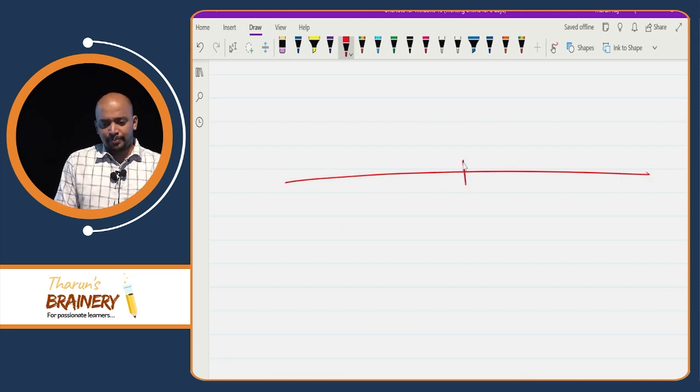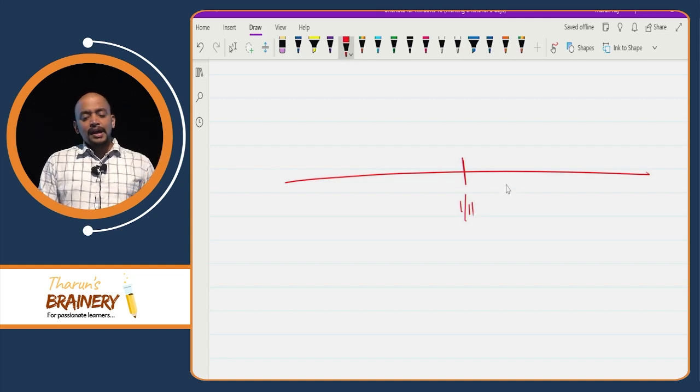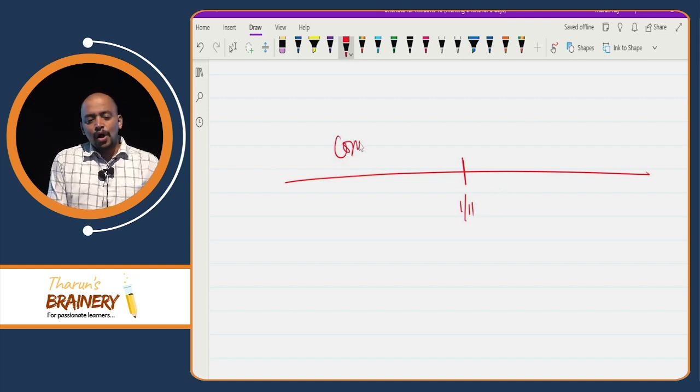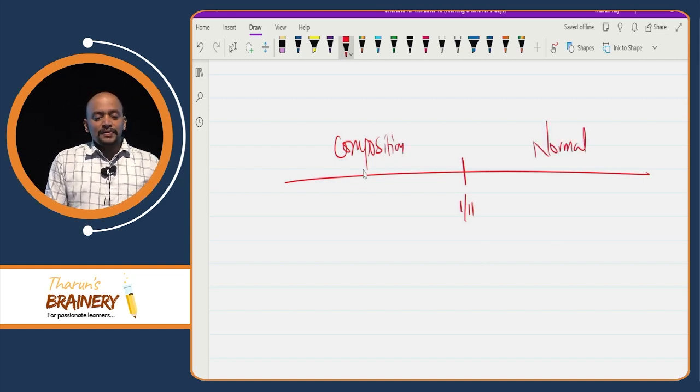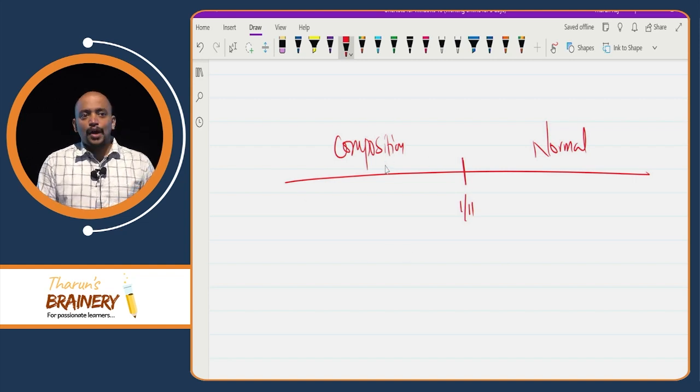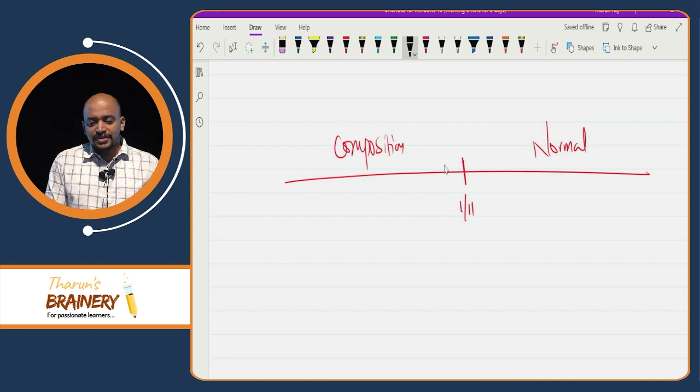Say, for example, on 1/11, I am migrating from composition scheme to normal scheme. When I was under composition scheme, I would not have taken ITC. Now I have some closing stock. Which date closing stock do I need to see?